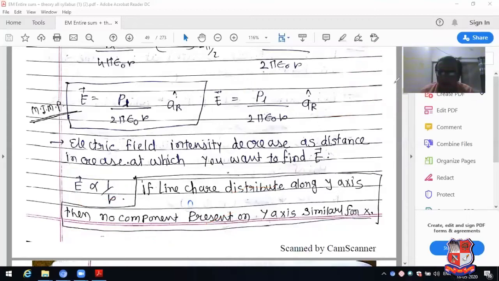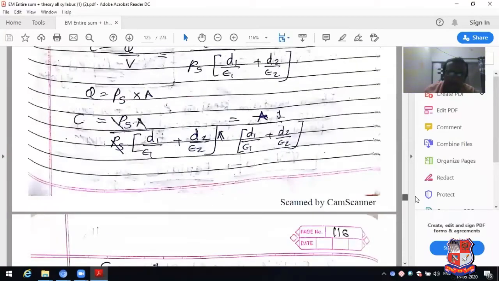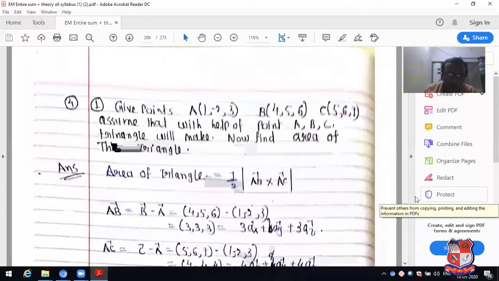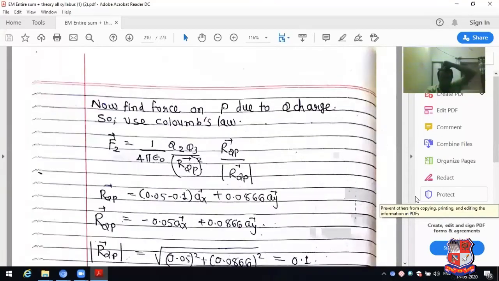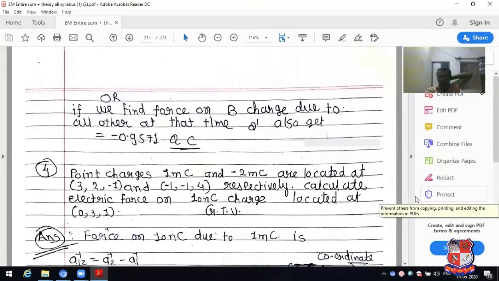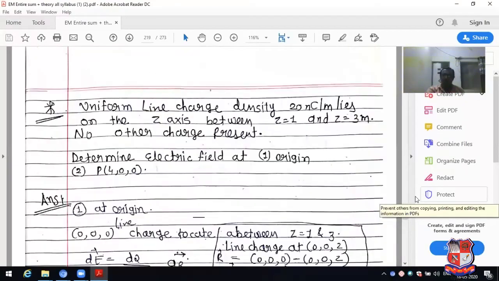So now we will calculate an example based on the electric field due to infinite line charge.